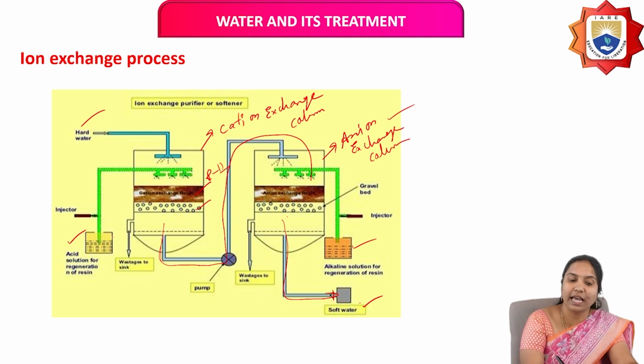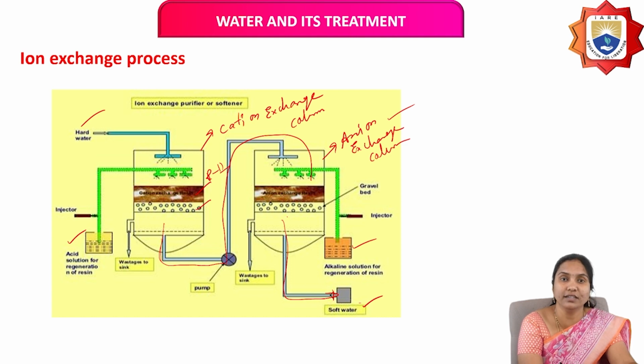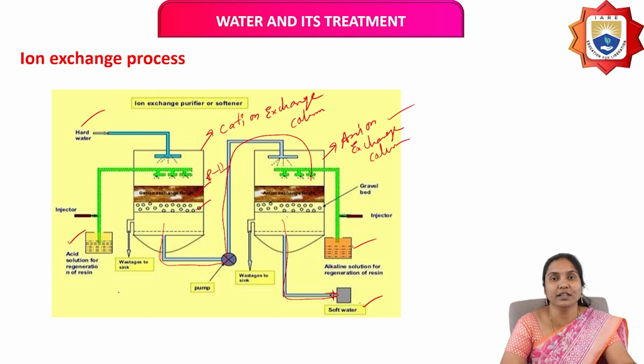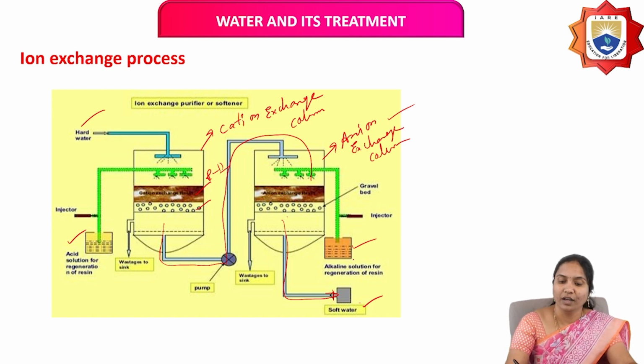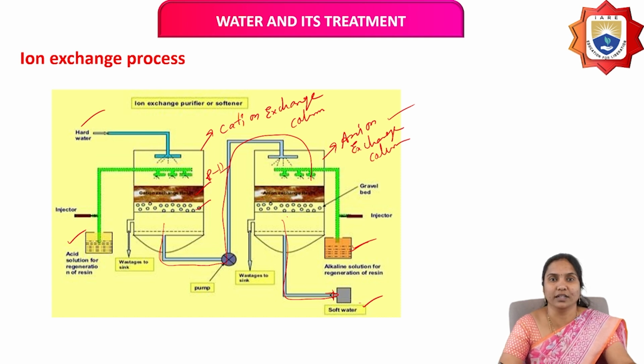If the cation exchange resin is exhausted, it is regenerated by using dilute acid like HCl or H2SO4. And similarly, if the anion exchange resin is exhausted, it can be regenerated by using a base, dilute NaOH.